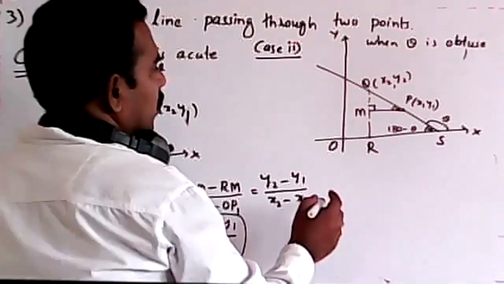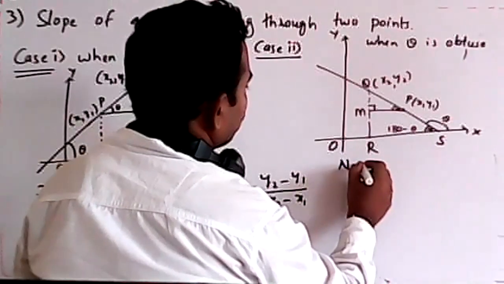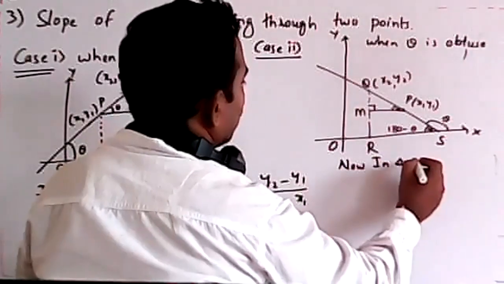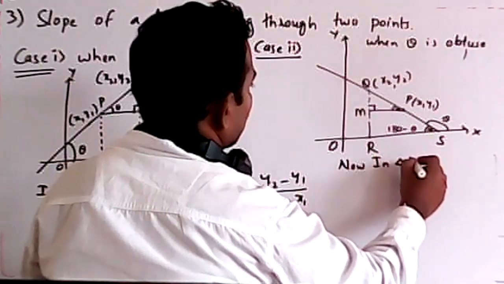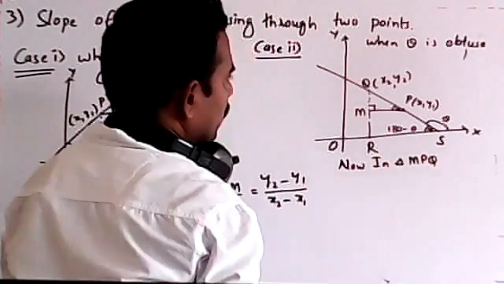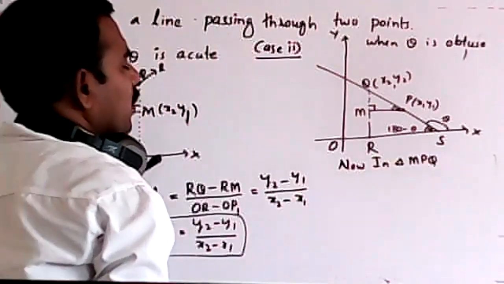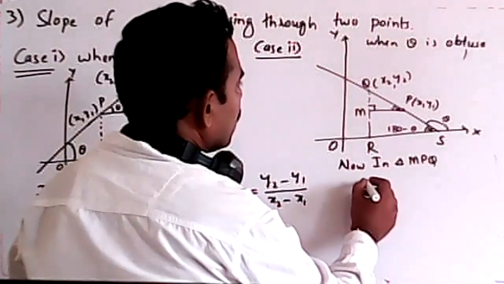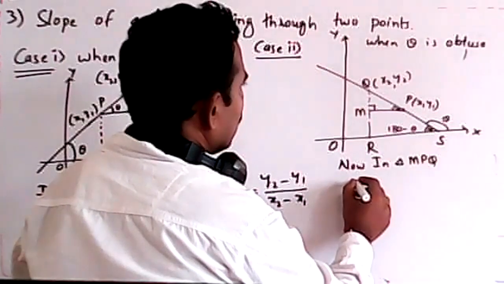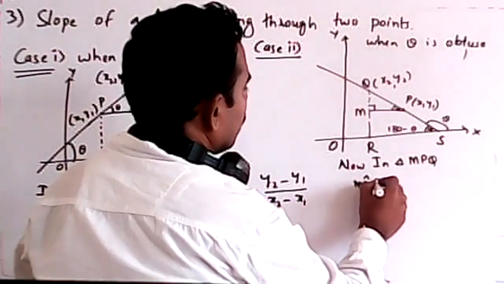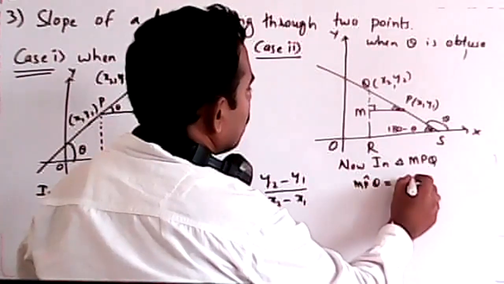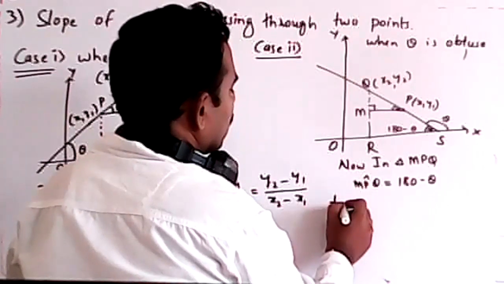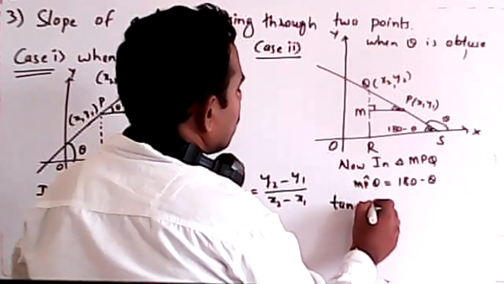Now, in triangle MPQ, angle MPQ is equal to 180 minus theta. Then apply tan for this, tan MPQ.